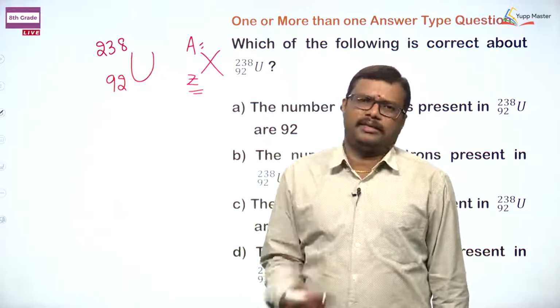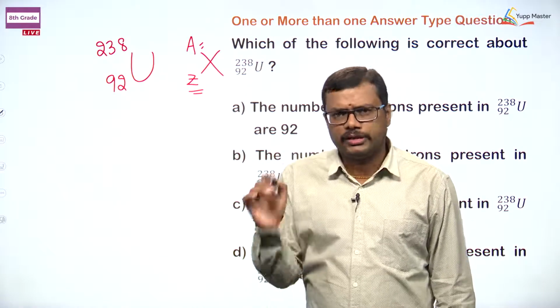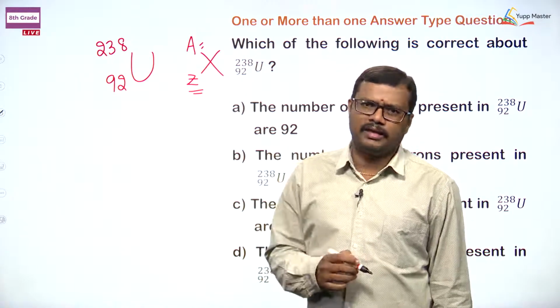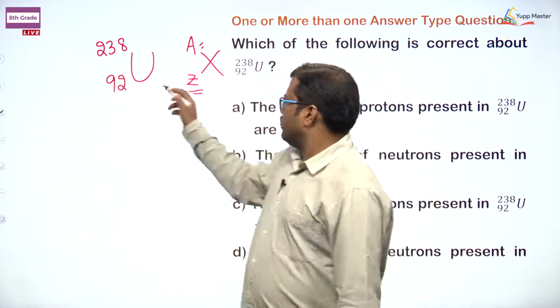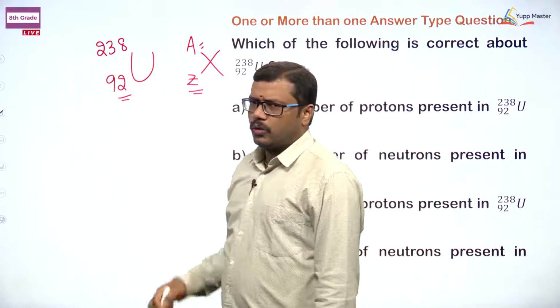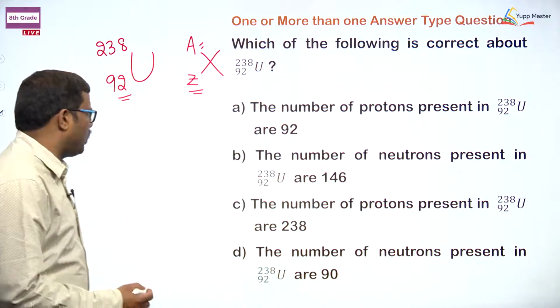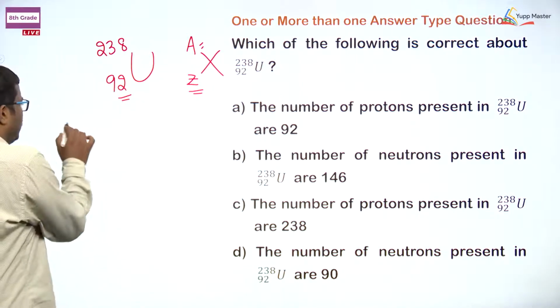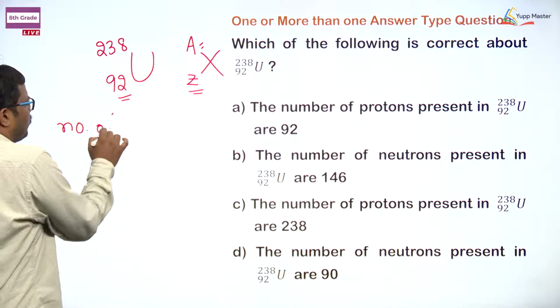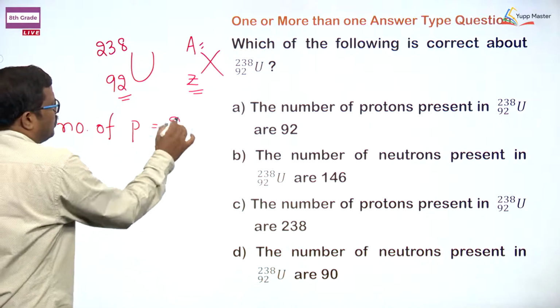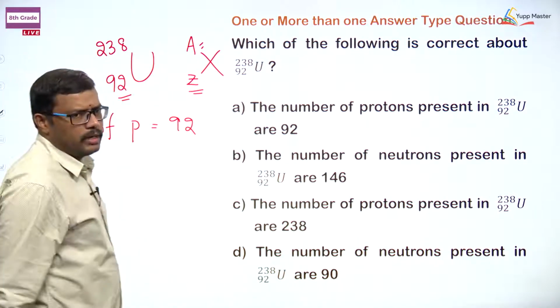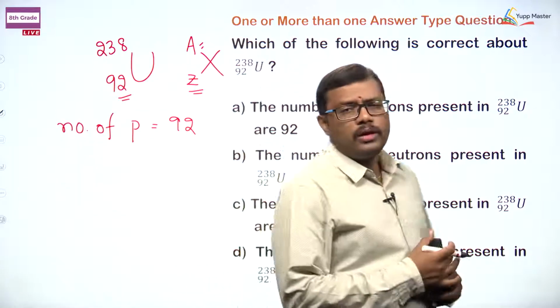Atomic number is nothing but the number of protons present in the nucleus of the atom. So, here atomic number is 92. What does it indicate? Atomic number is 92 means the number of protons is 92. So, we can write it as number of protons equal to 92.